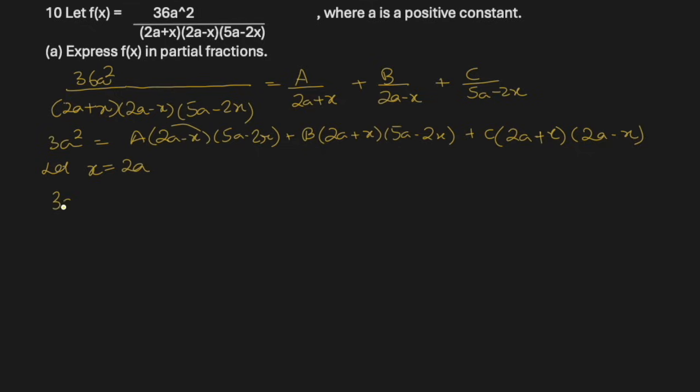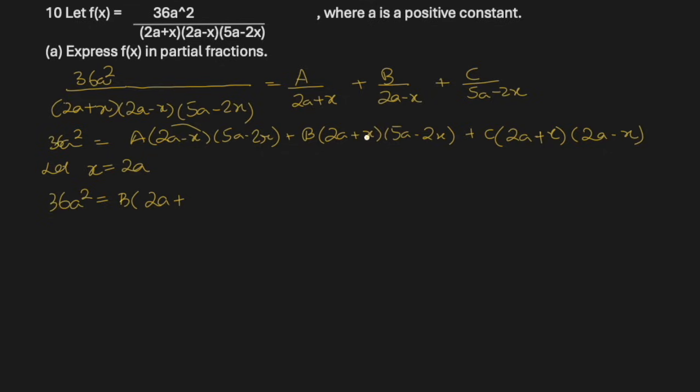So the left hand side is unchanged, 36a squared. Then this becomes 0, 2a minus 2a is 0, gone. A and C are insignificant now. We'll just focus on B.